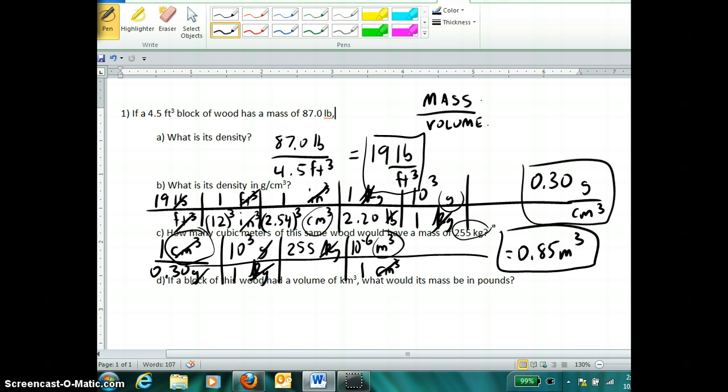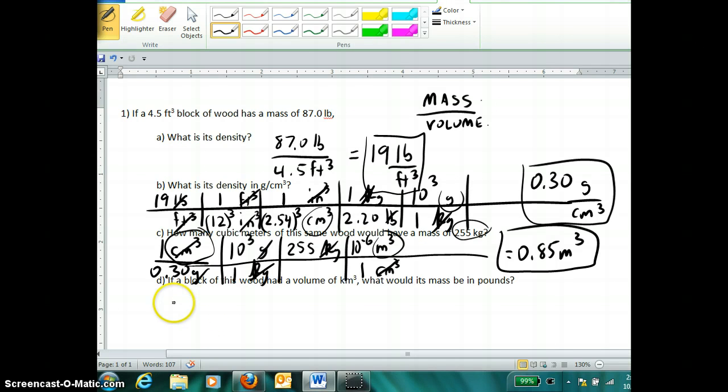The wood is not terribly dense, but 255 kilograms, roughly 500 pounds, we need a fairly big chunk of this wood. And this is almost an entire cubic meter, or 1 meter by 1 meter by 1 meter worth of volume. So a very reasonable answer.